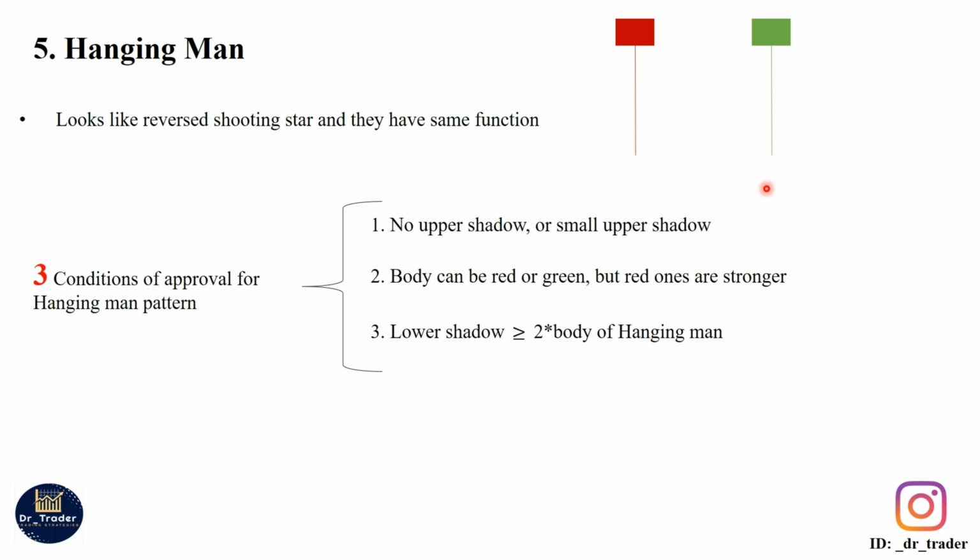It is not so important, but the red ones are stronger. And also the lower shadow should be more than 2 times the body of the hanging man candlestick. These three conditions are so important, and when we see this pattern in the chart, we should check these three conditions to get approved.